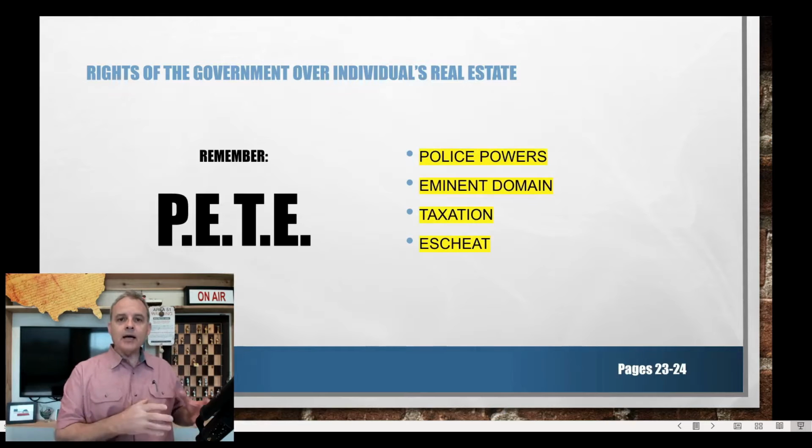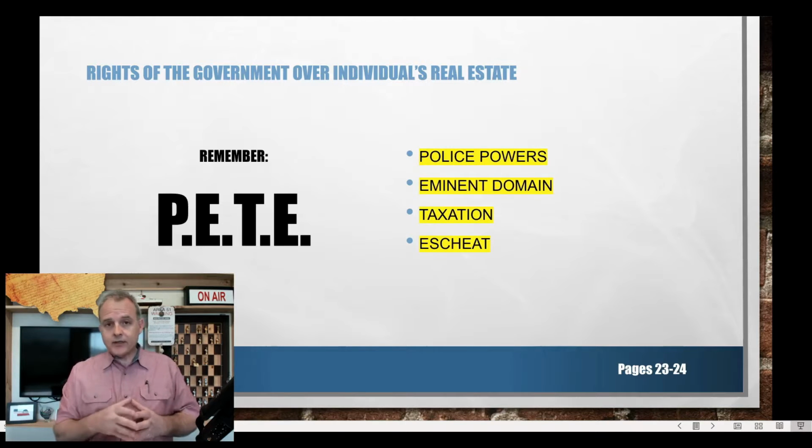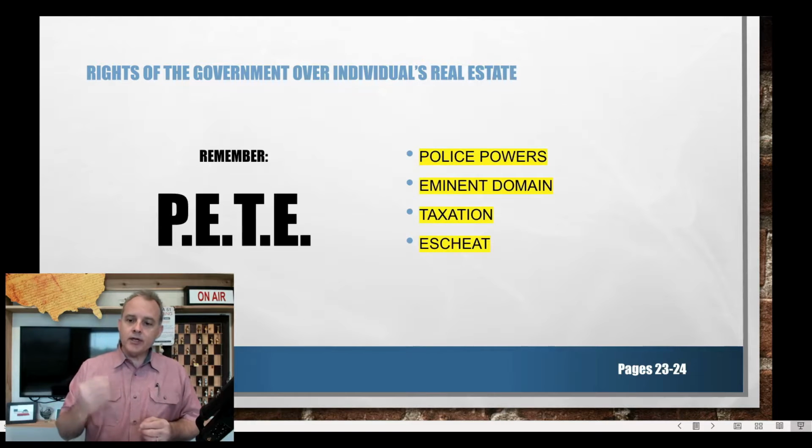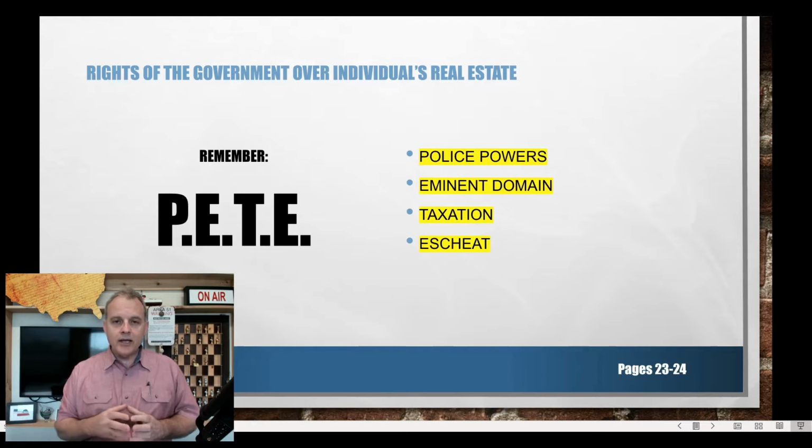Now remember, I went back and said that on July 4th, 1776, July 5th actually, we had this thing called the allodial system, and now we have the bundle of rights. Individual owners have the bundle of rights. Or a settler that was settling in the Louisiana Purchase and the government transferred the ownership of that property to them through a land patent.